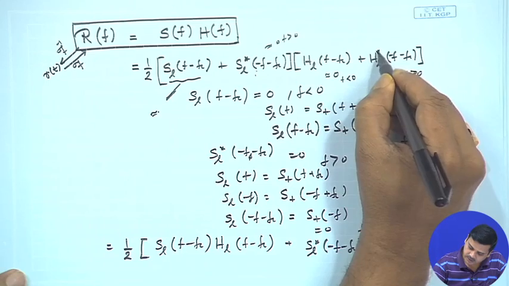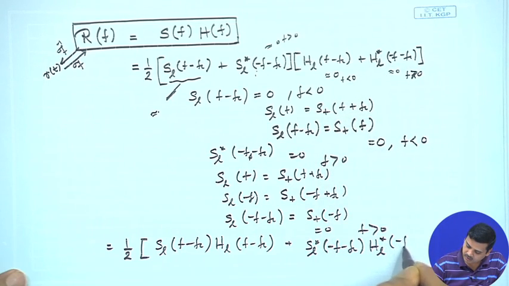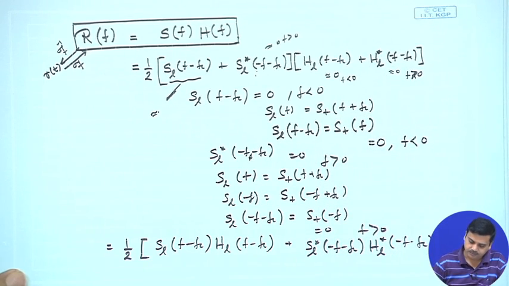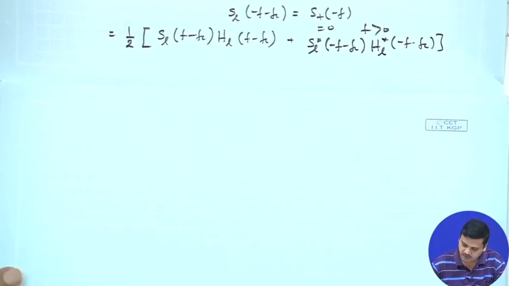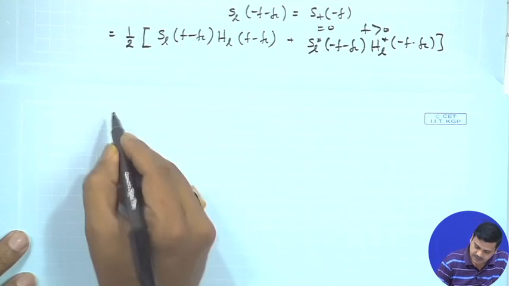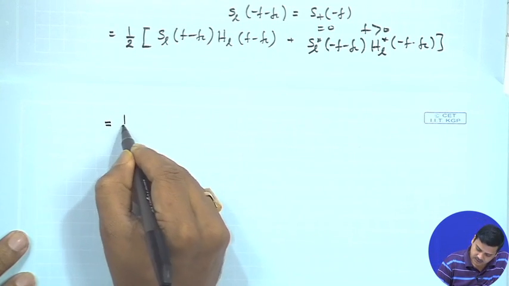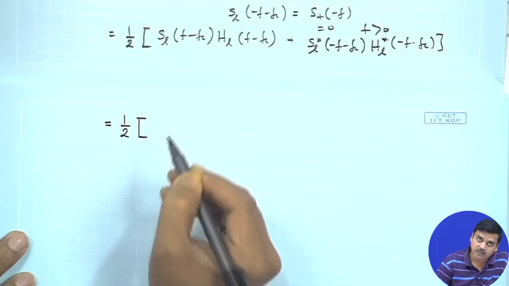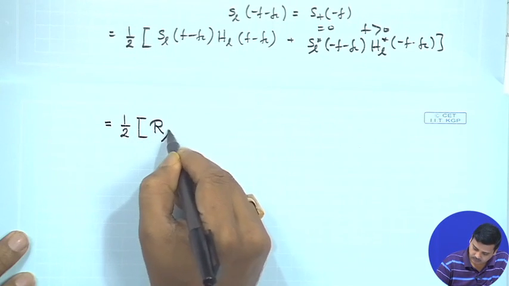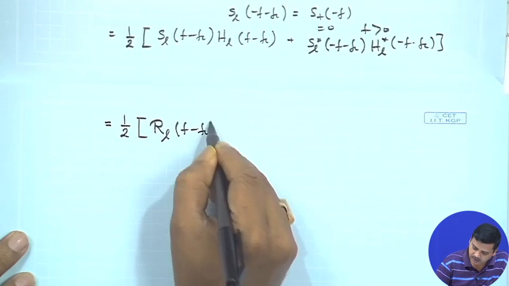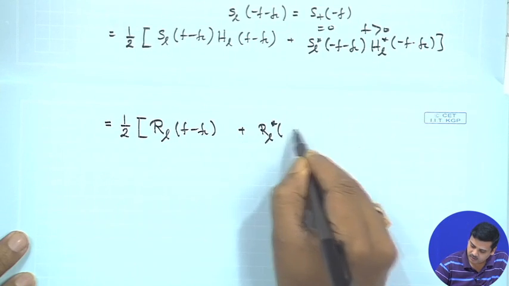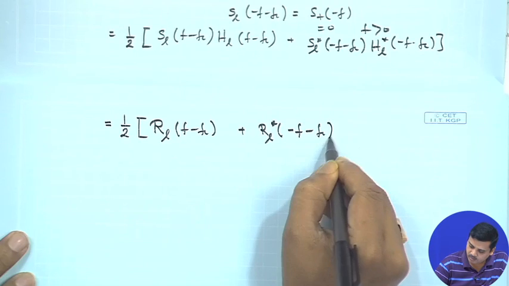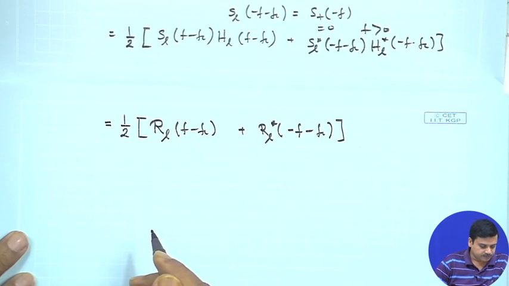Sorry, this will be H_L conjugate(minus f minus f_c). Now, if we look at these relationships that are available with us, what we could say is that we could write this potentially as half R_L(f minus f_c) plus R_L conjugate(minus f minus f_c), right.